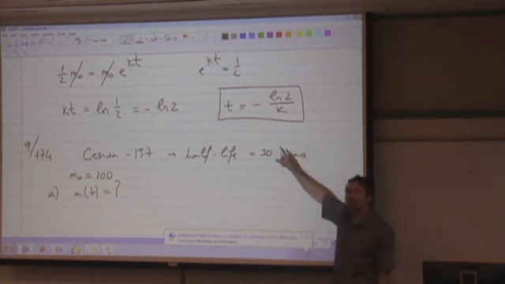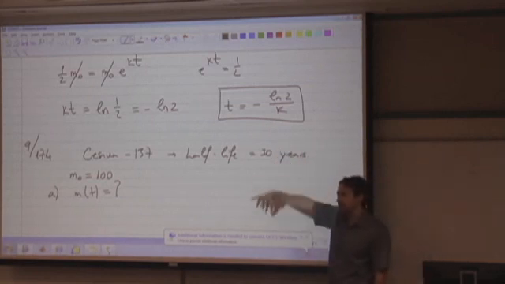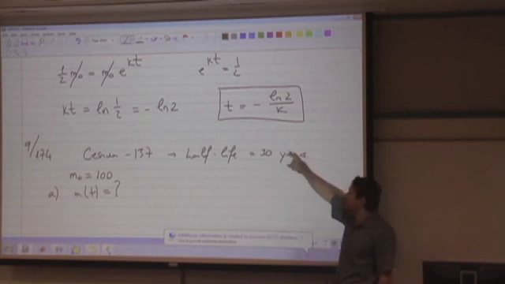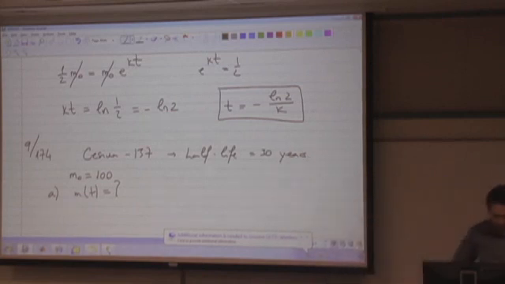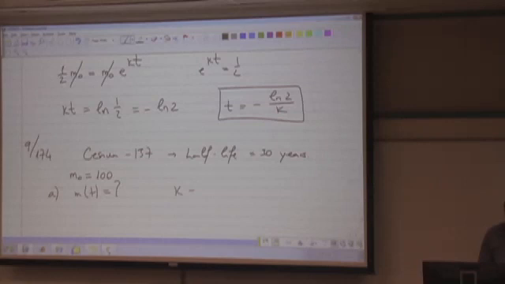This is where the half-life comes into play. Half-life is 30 years, right? So from this formula, k is going to be minus ln of 2 divided by 30. Does that make sense? Cross multiplying, k and t can switch around, so maybe I'll write it here as well.